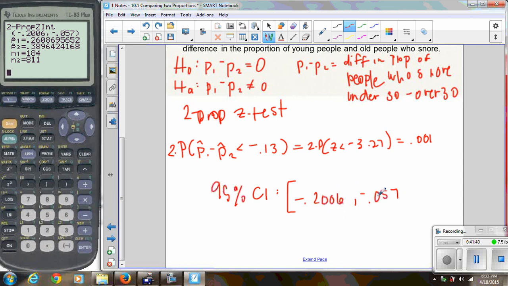And since this number is negative, and remember I was subtracting the younger group minus the older group, that gives me evidence to conclude that the older group is more apt to snore than the younger group. In fact, the proportion of snorers in the older group is between 5.7 and 20% larger than the control group or the younger group.